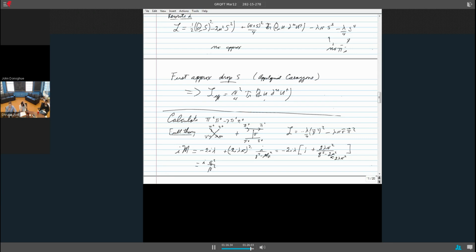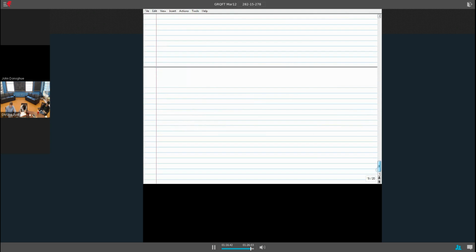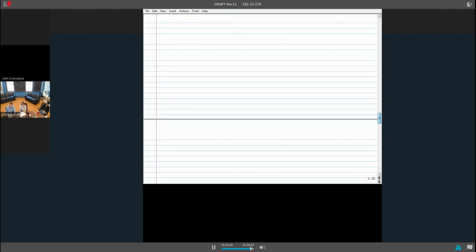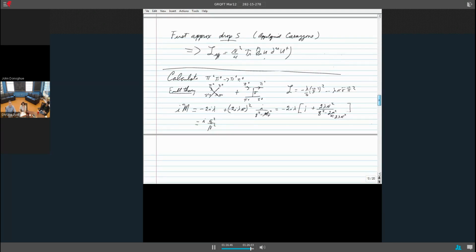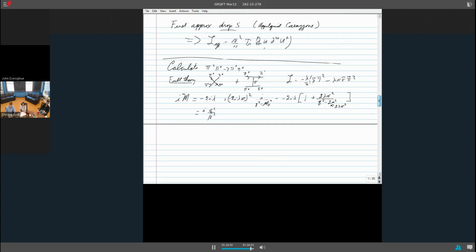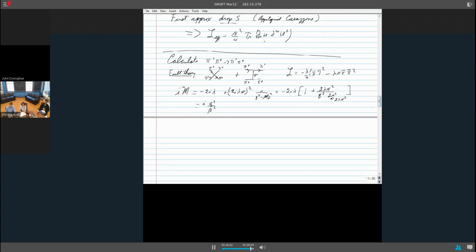There are factors of 2, but let me not do factors of 2. The second piece has a factor of 2, so it's minus 2i lambda v, the coupling squared, one at each vertex, and then there's an i over q squared minus m sigma twiddle squared.